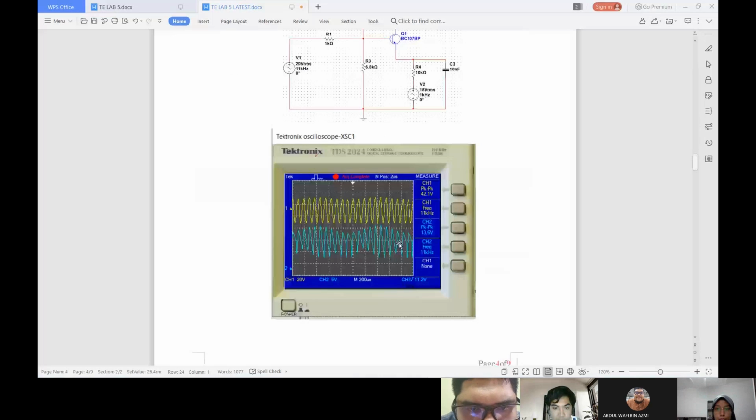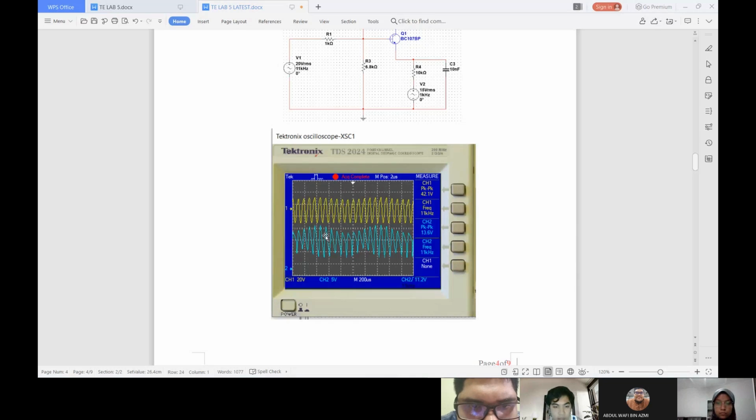The output here shows that this is an AM signal because it has a maximum amplitude and a minimum amplitude. If it has the maximum and minimum amplitude, then it is an AM signal.